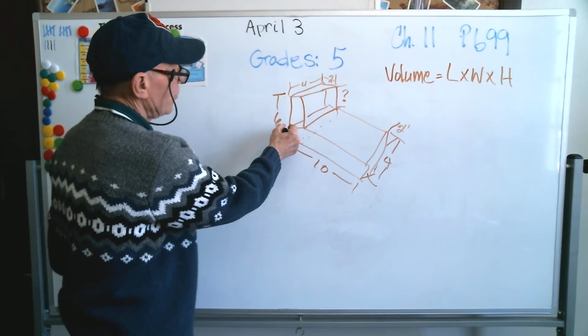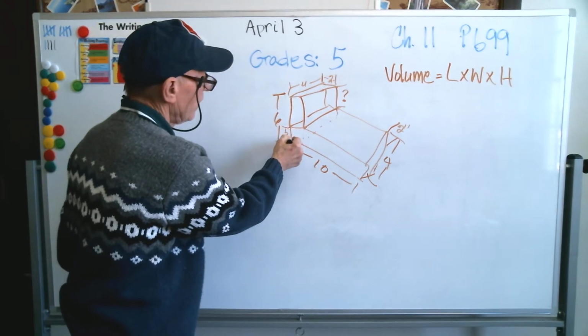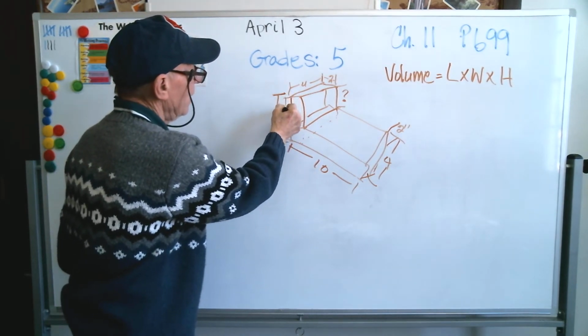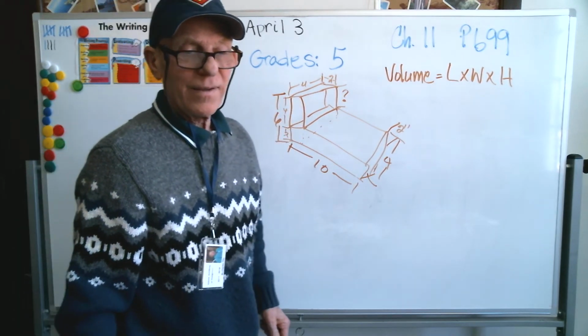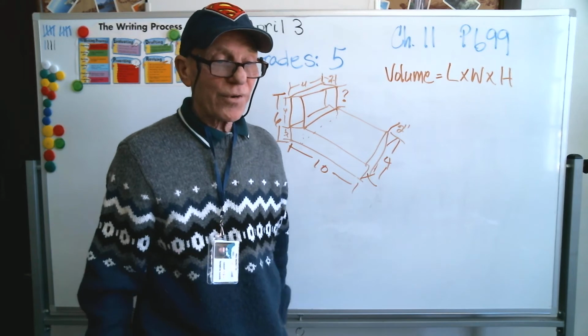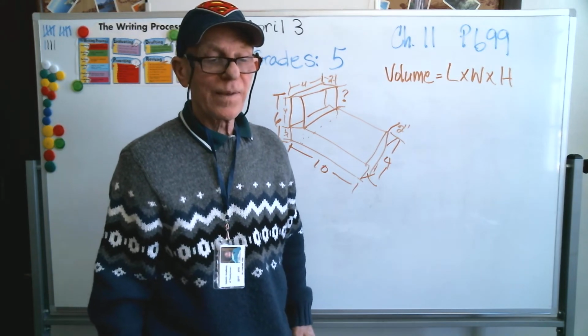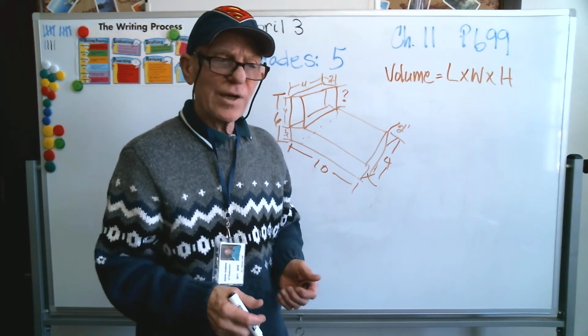So you know if this is 2 inches, then this has to be 4 inches. And I just bet you are thoroughly confused by now. You really have to look at the object.